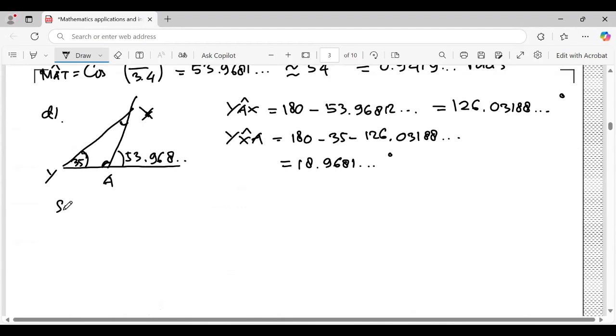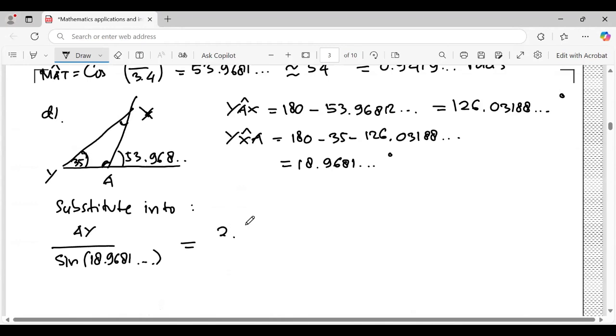Now let's substitute into the sine rule that AY over sine YXA equals 2.6 over sine 126.0318.